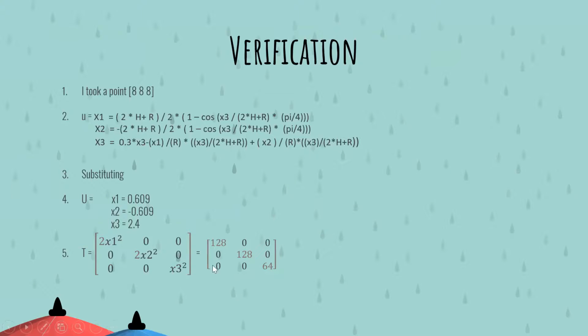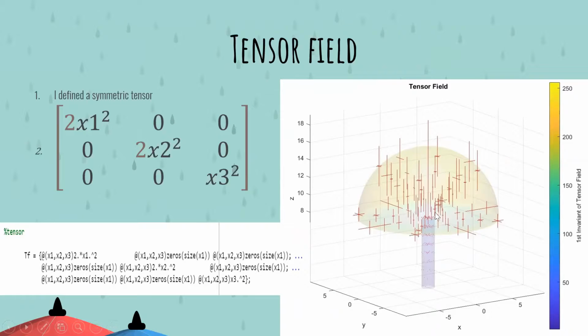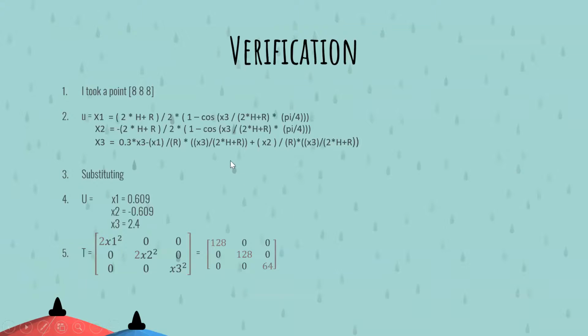And I have verified my MATLAB values by hand calculation. I took a point at 8, 8, 8, which is the outermost corner point here, with 8 units of height and 8 units of radius. Substituting 8, 8, 8 into x1, x2, and x3 of u, I got x1 equal to 0.609, x2 equal to minus 0.609, and x3 equal to 2.4.